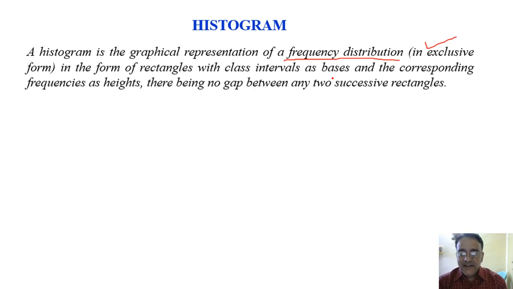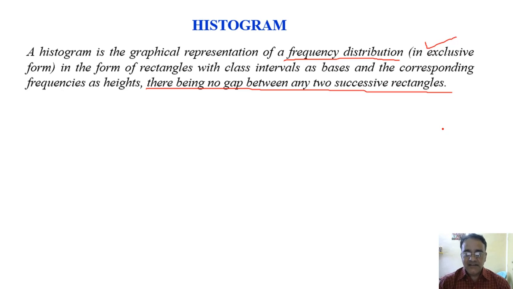But the difference is that here there will be no gap, because this is exclusive form. In exclusive, continuous form, you will not find any gap. Okay, so this is very similar to bar graph, but you have to keep in your mind that there will be no gap between any two successive rectangles. Okay, now we'll see how to draw the histogram.